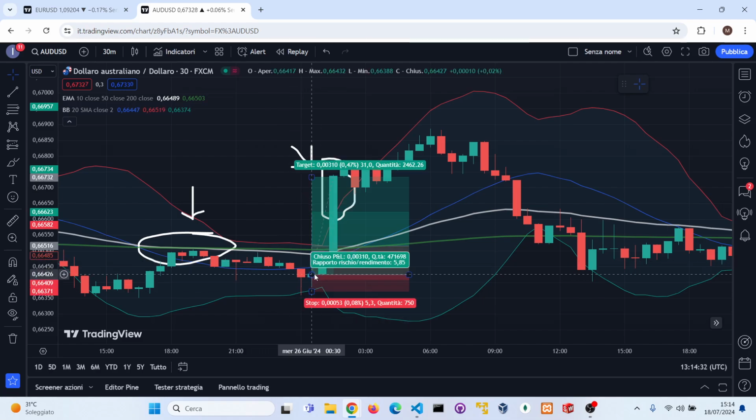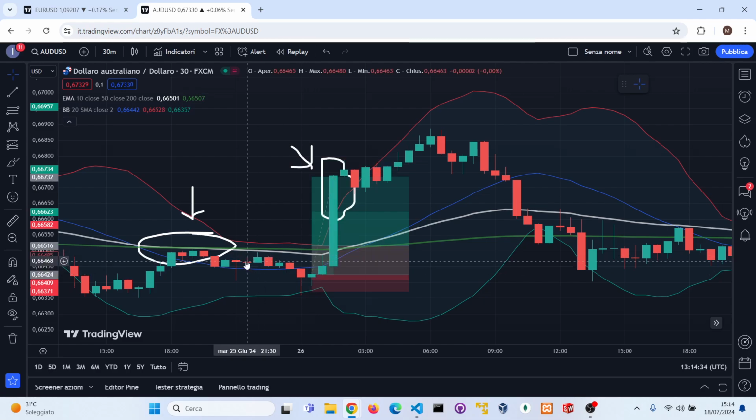It should have opened it immediately after the cross, but the data that I'm using is slightly different from the one on TradingView, and also the code of the EMA. I don't know if it's the same as TradingView. I don't have access to their code and how they coded the EMA, but they are almost similar. So this is the only difference: how the EMA works on TradingView and the data.